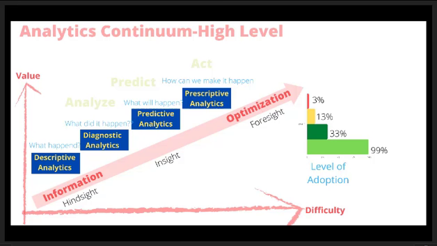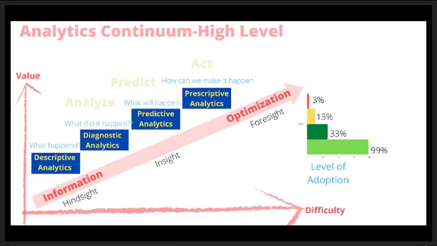Then the next one is predictive analysis. What is likely to happen? Is this trend visible only in these two states, or is it going to increase or spread to other states?